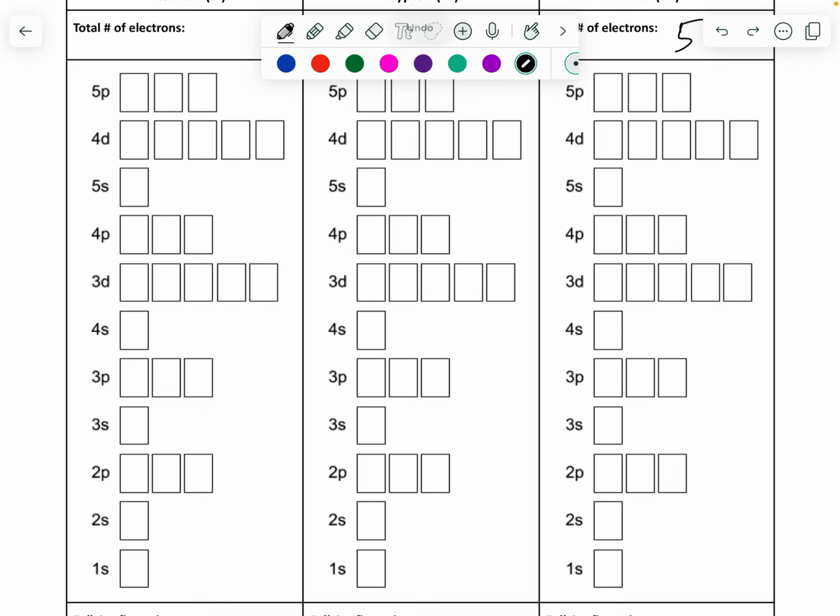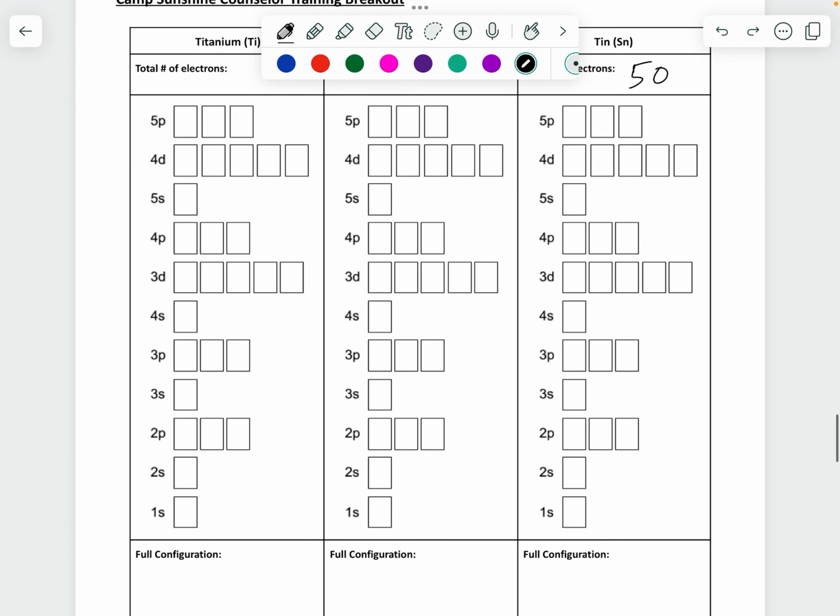And so what we do is we can fill out our cabin diagram until we hit 50. And I'm going to do that. 1, there's 2, here's going to be, that's 10. Here's 12, 14, 16, 18, right? This would be argon. All right, that would be calcium. All right, 20, 21, 3, 4, 5, 7, 8, 9, 10.